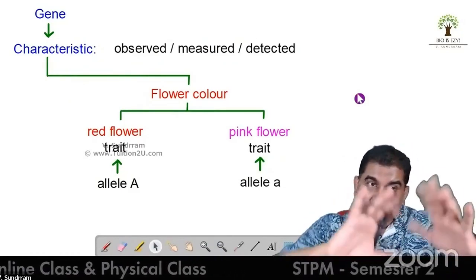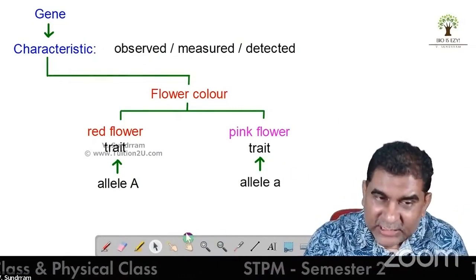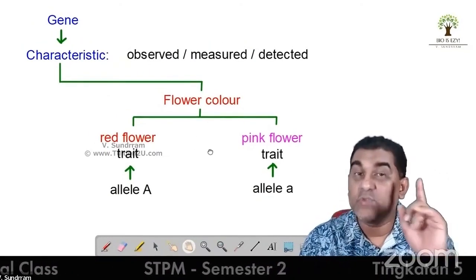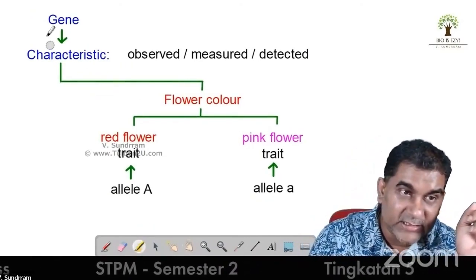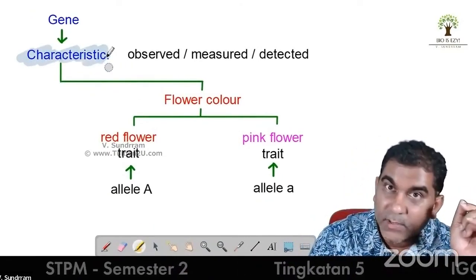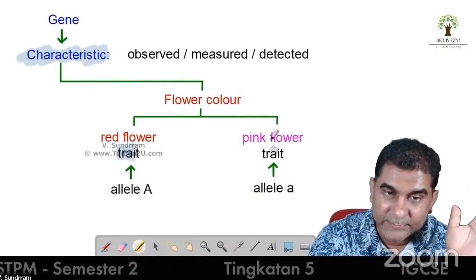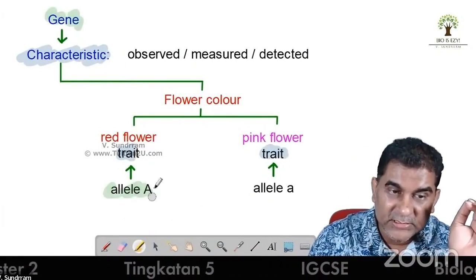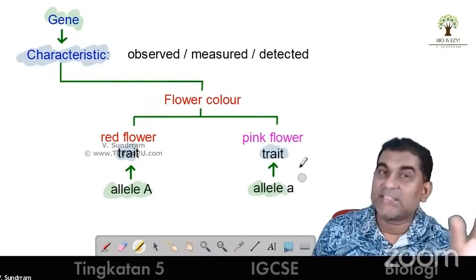From what I have on the screen now, we have the basics of inheritance, which is what is characteristic, what is trait, what is a gene, what is allele. Basics of biology.